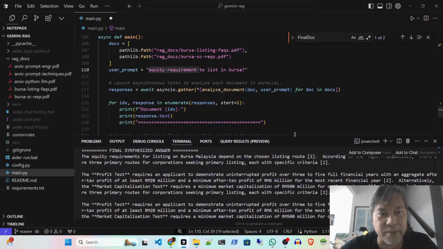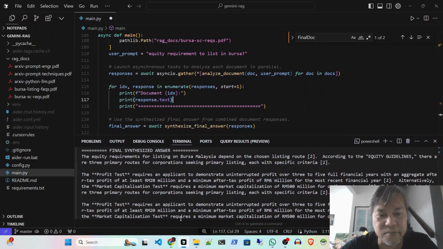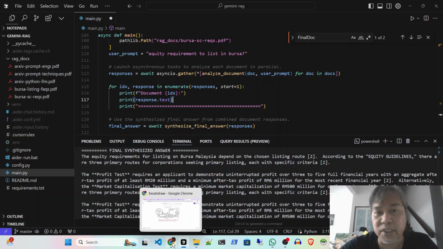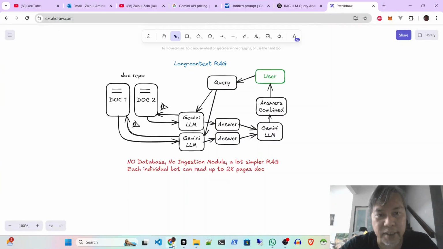To me personally, I really like this kind of solution because even though it takes a longer time, if you want an accurate answer, then you would expect the generation of the answer to take longer, right? That's what I'm thinking. And another reason why I like this setup is that each of these bots actually looks at the whole document instead of chunks.